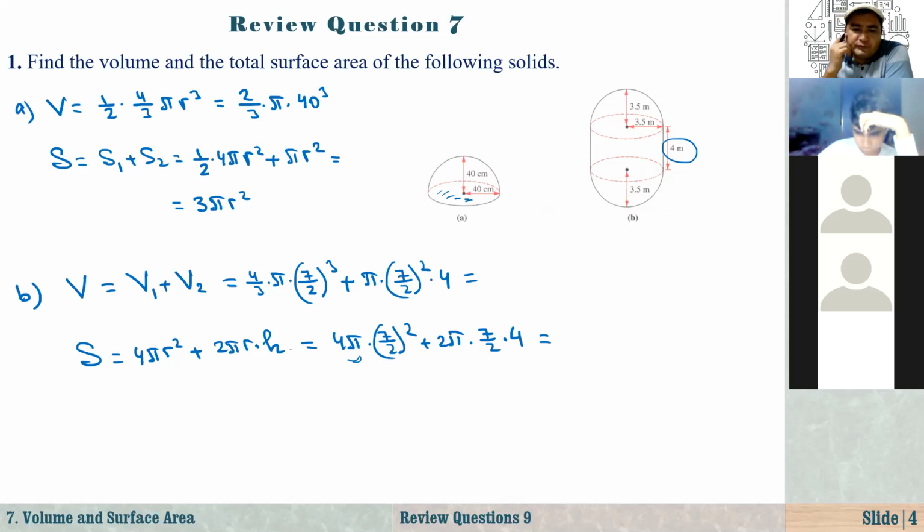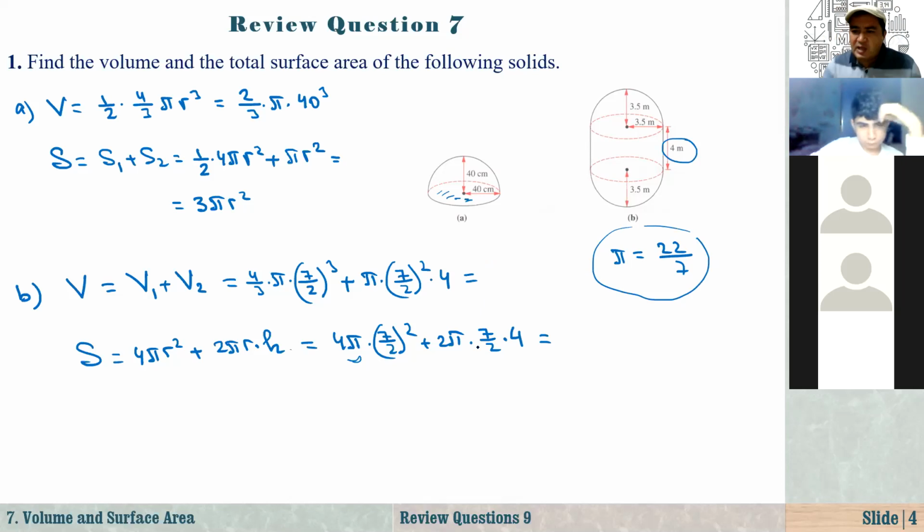Okay, it's clear. Good. Sometimes if you're not allowed to use a calculator, we can still calculate this, but usually they give pi as 22/7, and usually the radius of something involves a multiple of 7. We can cancel out and we'll get a whole number. But usually for this chapter, on some questions you must use a calculator, because the important point here is we are not studying how to calculate, we are studying how to find the volume and surface area.